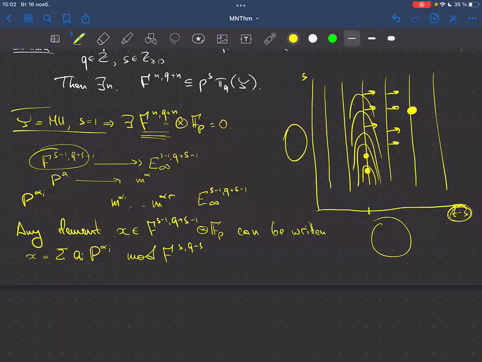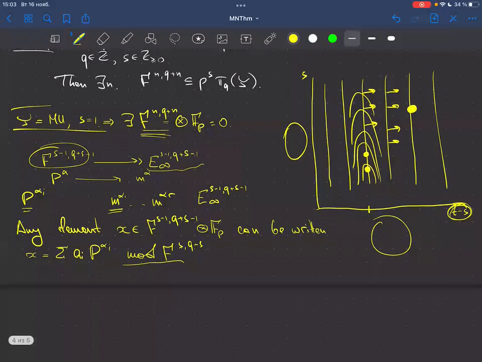The quotient by the next stage of the filtration is just E infinity, and we know that these monomials generate E infinity after taking the quotient. Therefore, any element here can be written as a sum of these monomials modulo the next stage of the filtration.